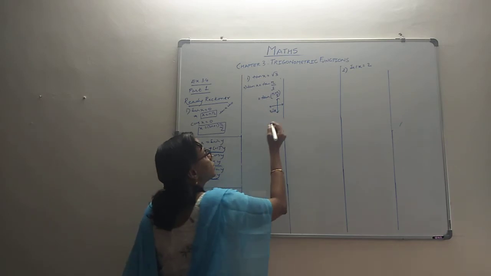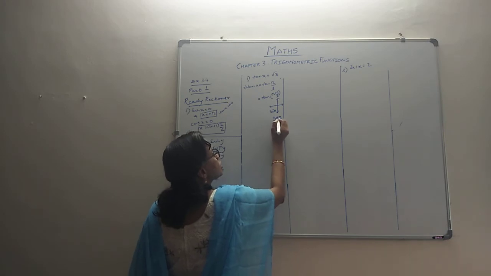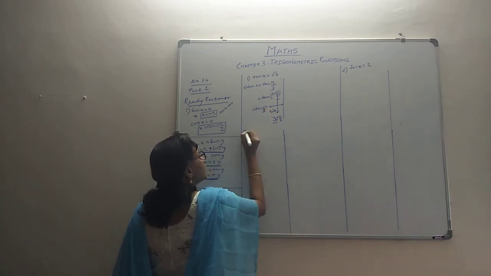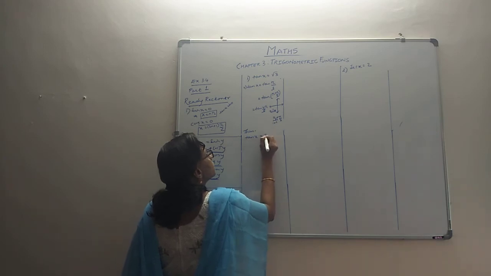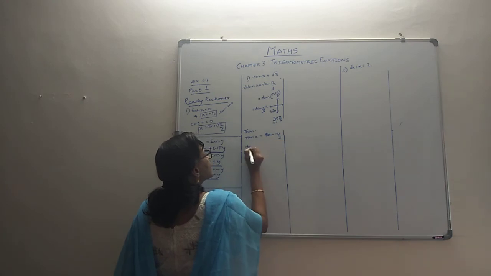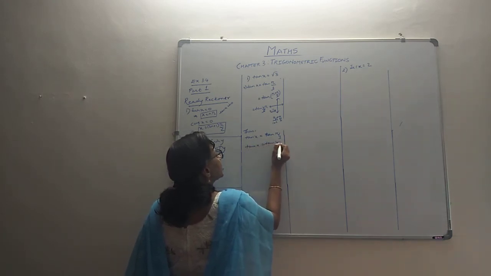Pi plus pi by 3, when you work it out, how does it come? Pi plus pi by 3, here it's 1 into 3 into 3. So 3 pi plus pi by 3, 4 pi by 3. So what have we got in net effect? We have got tan x equal to tan pi by 3 and tan x equal to tan 4 pi by 3.